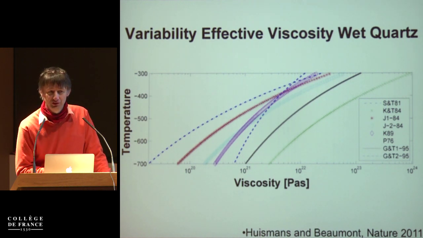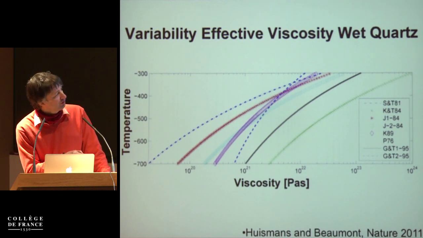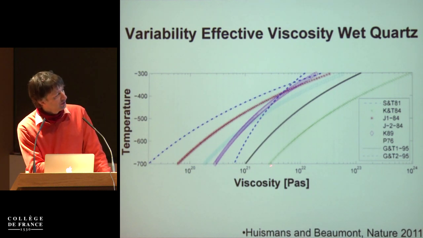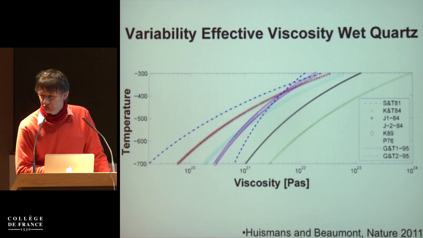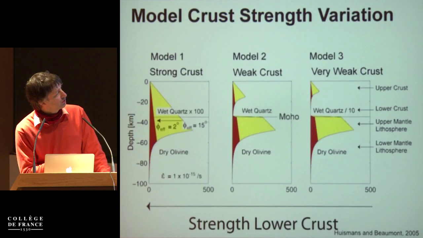This illustrates the uncertainty that's associated with crustal rheology. So we effectively do not know the strength of the crust very well. And so we have taken the liberty in our forward models to explore this variation in crustal strength. So we've taken a very simple approach.